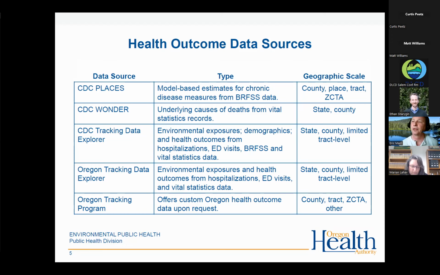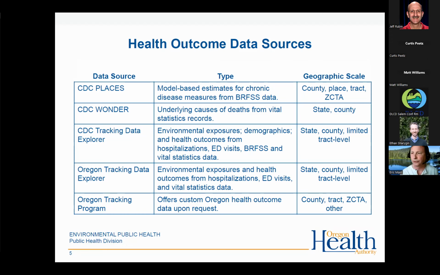CDC WONDER is where the vital stats data goes. And so that's mortality data. It also has data on births, but the data is only available at the state and county levels because of suppression issues.